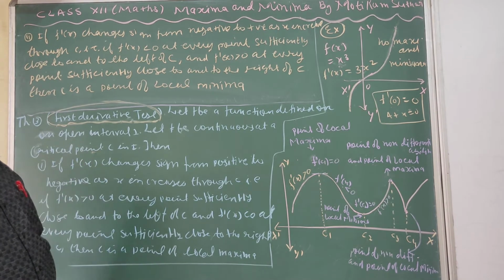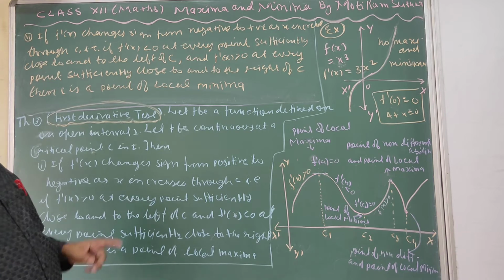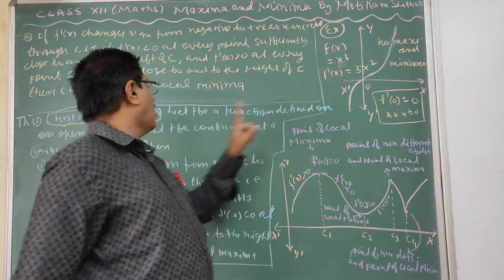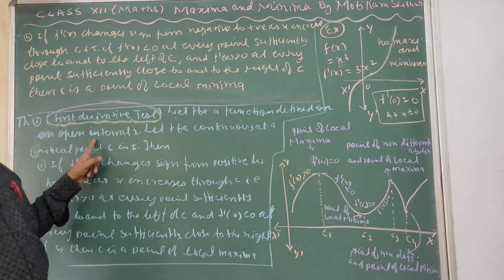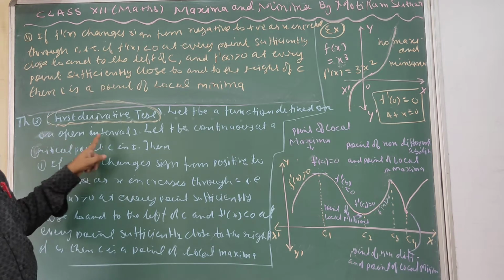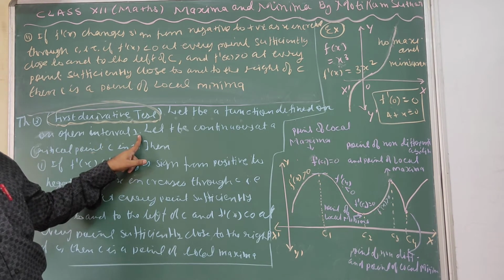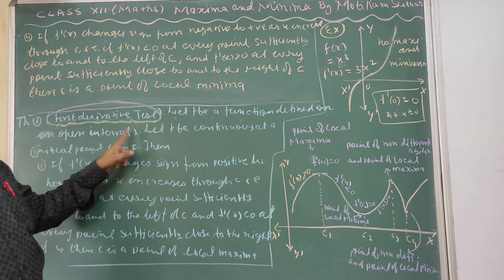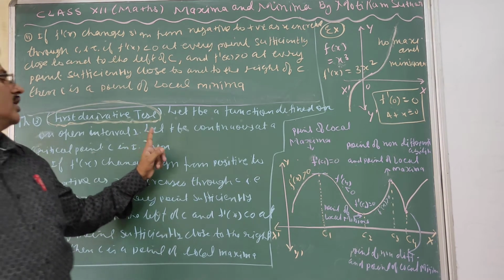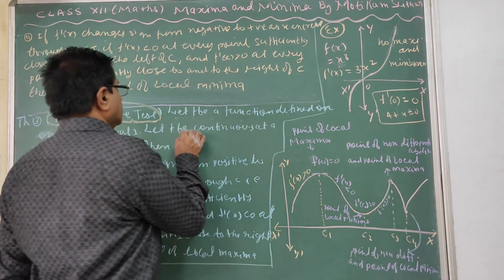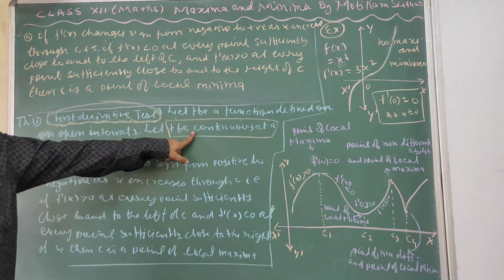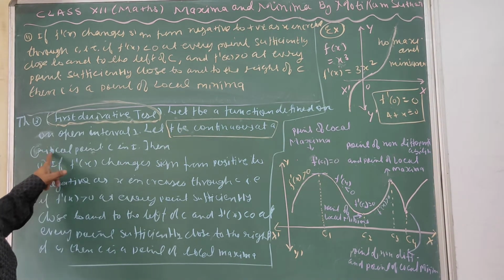Clear? So see what this theorem statement says: let f be a function defined on an open interval I. Suppose we are given a function which is defined on the open interval I. We are discussing only open intervals. So let f be continuous. This condition is also there: the function should be continuous at a critical point.